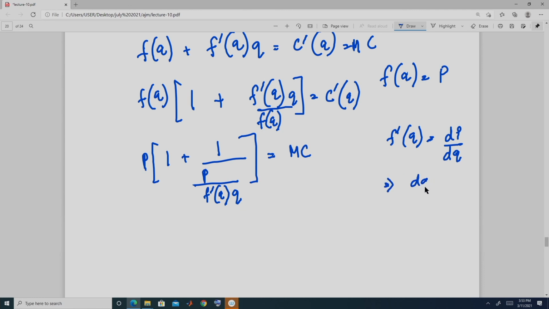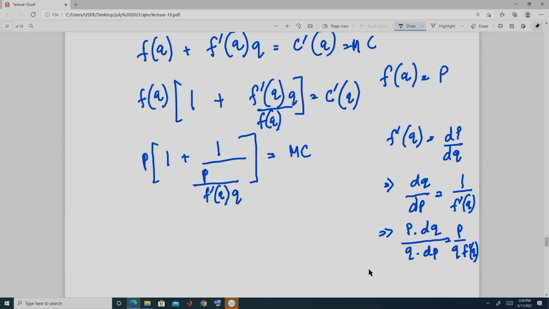So you can write this, and to this, if we do this, we can write it in this form. So this is what?